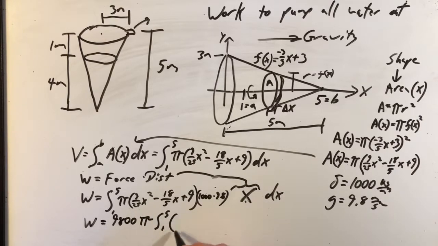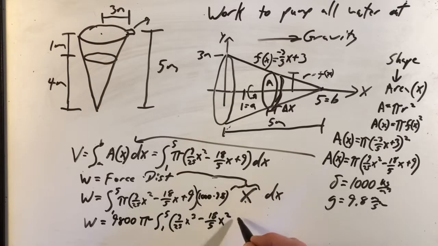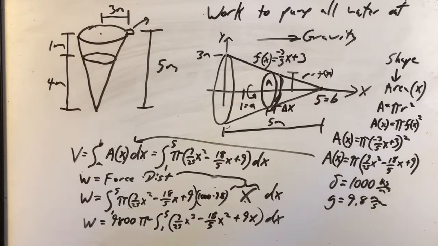So this now becomes 9/25 x cubed minus 18/5 x squared plus 9x, dx. Okay, so we're almost done.